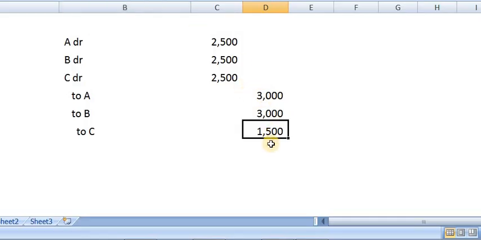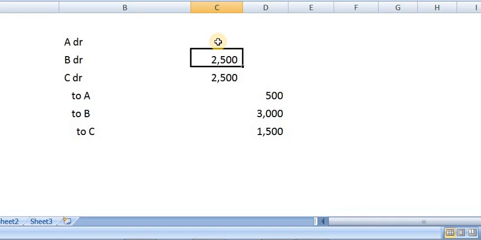So total 7,500 should be taken out of the capitals of 3 partners and redistributed. Now, A has to lose 2,500, gain 3,000. Debit 2,500, credit 3,000. So instead of debiting 2,500 and crediting 3,000, we just credit 500.